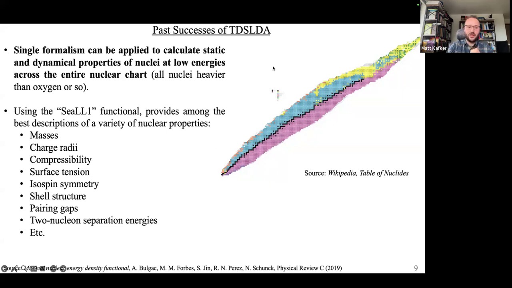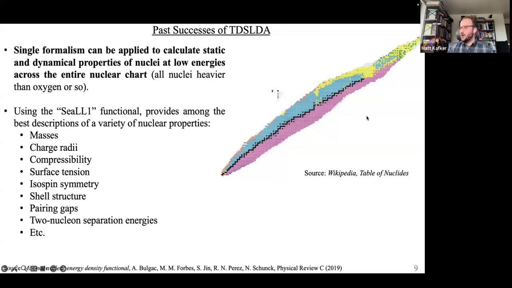So we have some big set of nuclei. And this one formalism can be used to calculate static and dynamic properties of most of these nuclei at low energies across the nuclear chart. I say most because if you start getting lighter than oxygen, the accuracy of the predictions gets worse. But it's a single approach which allows you to calculate the properties of many of these systems with good accuracy.